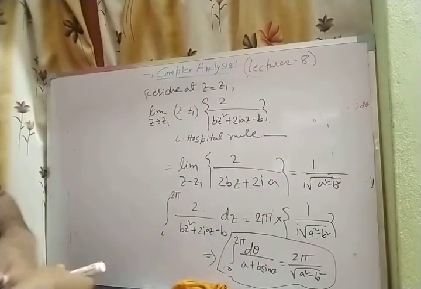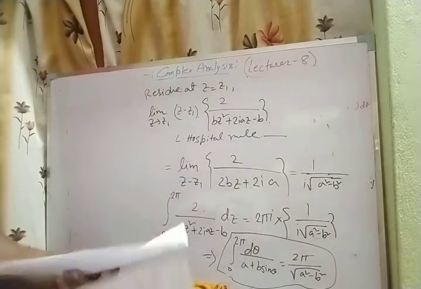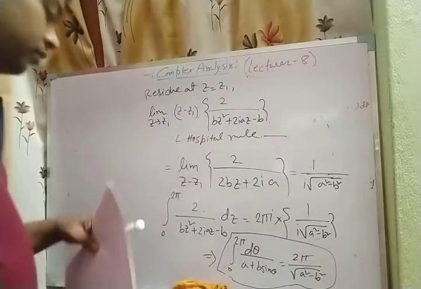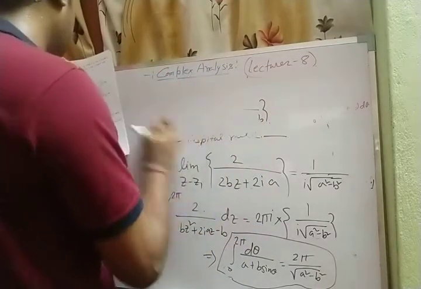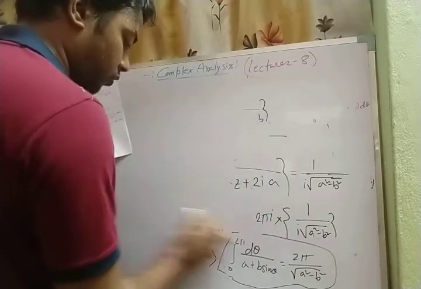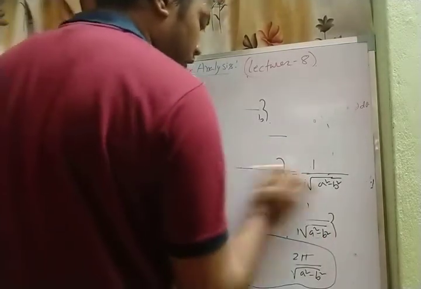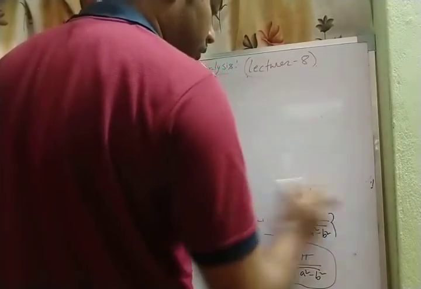Now, considering the second type of integration, that is over a semicircle from minus infinity to plus infinity, f of x dx.